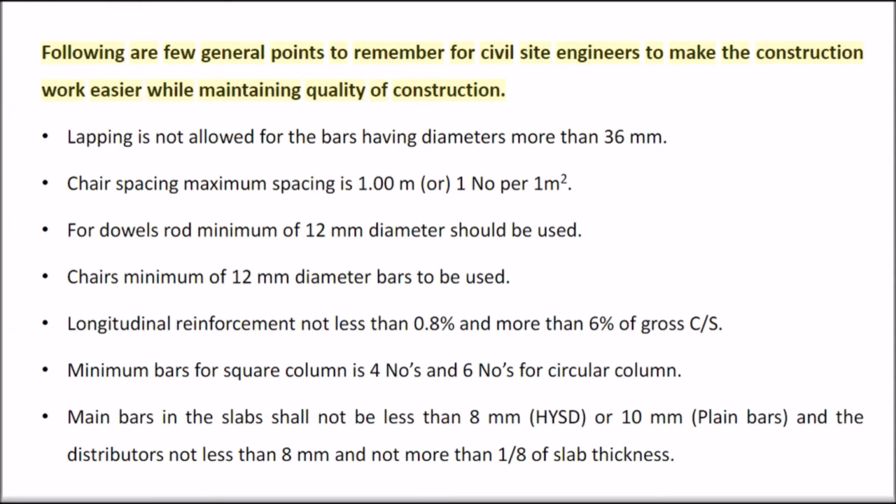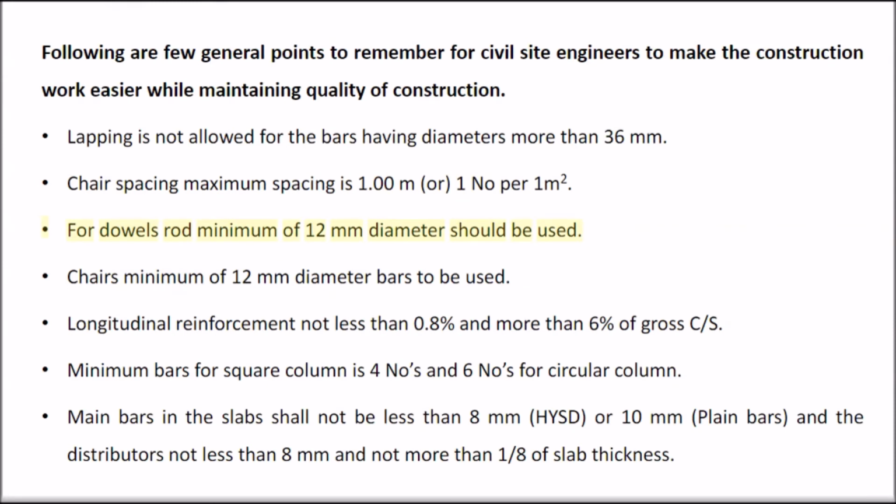Following are a few general points to remember for civil site engineers to make the construction work easier while maintaining quality of construction. Lapping is not allowed for bars having diameters more than 36 mm. Chair spacing maximum is 1.00 m, or 1 number per 1 square meter.